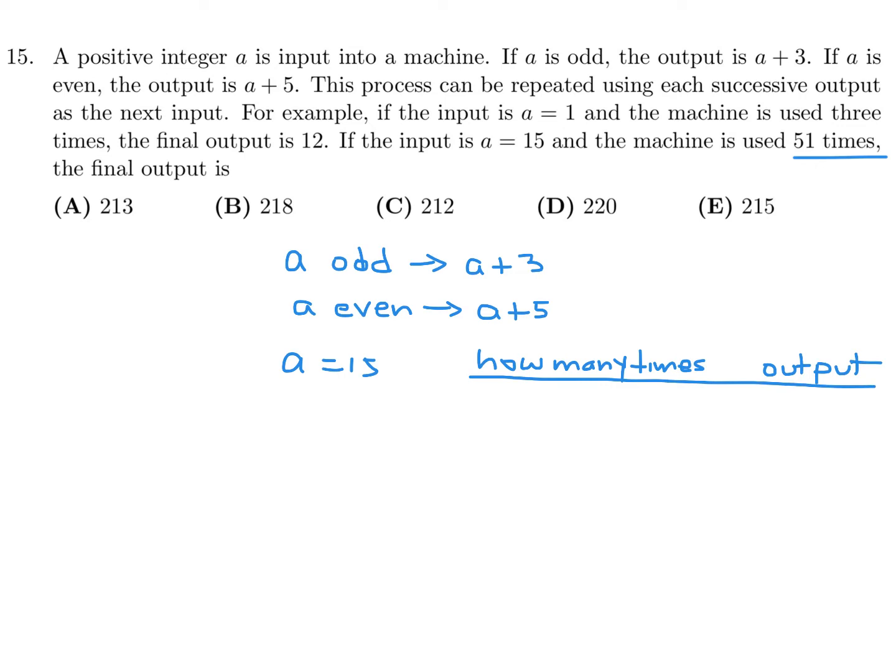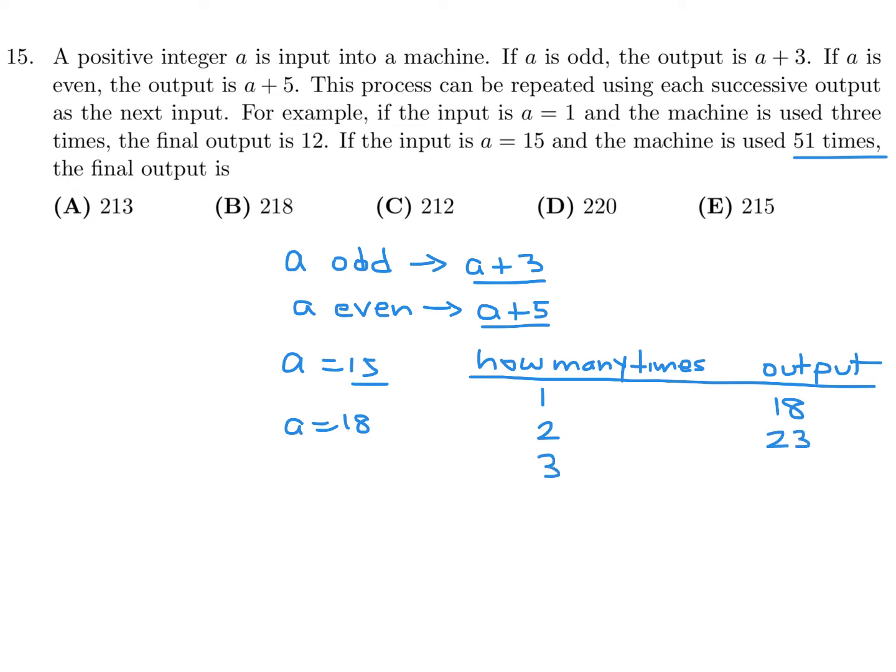Okay, after one time, 15 is odd, right? So we're going to get A plus 3, so we're going to get 18. And then 18 goes into the input. See what I mean? And then we do this process again. 18 is even, so you're going to get A plus 5, so that after 2 times, A plus 5 would be 23.